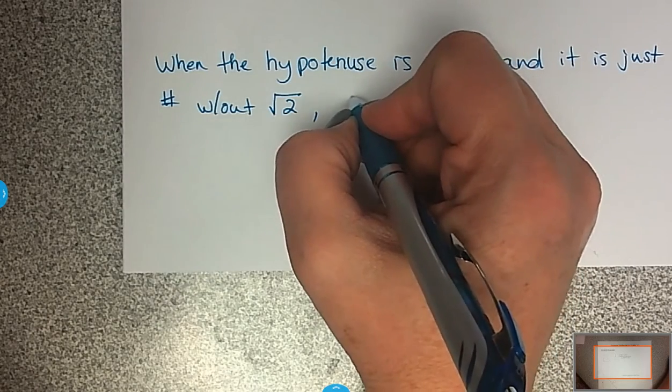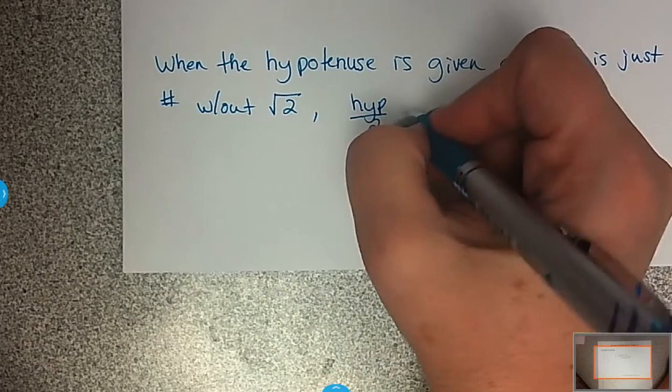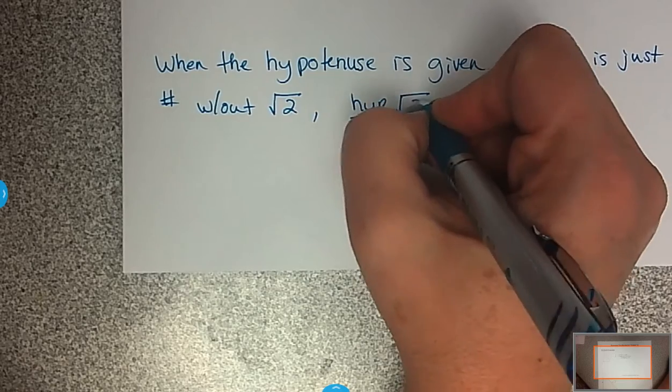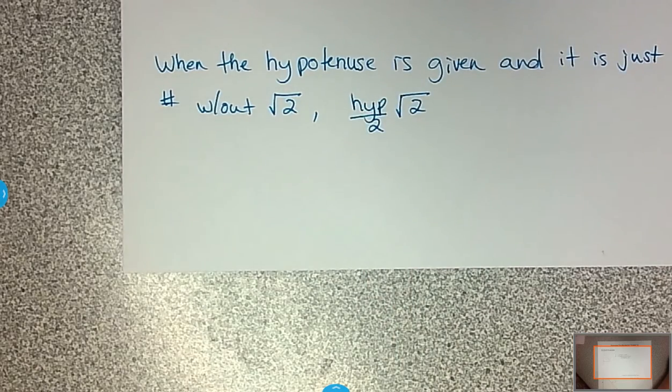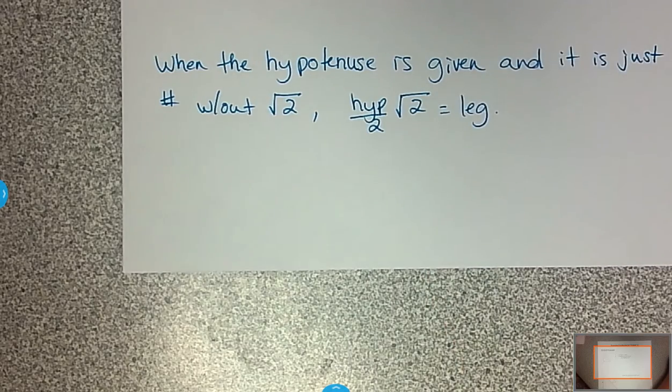I'm going to do the hypotenuse divided by 2 and attach a square root of 2 to it. That will equal the legs.